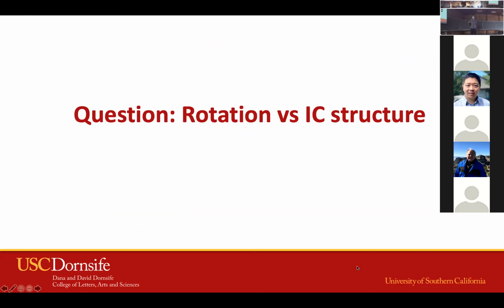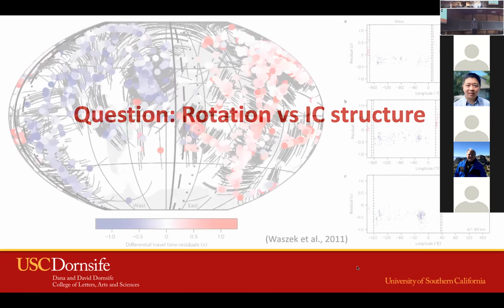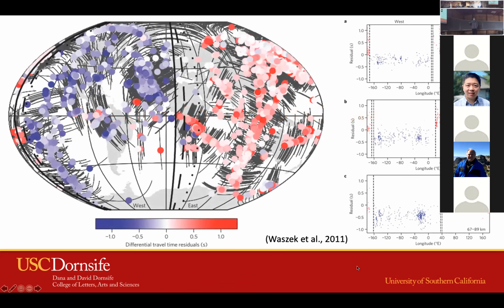The next step is to ask what is the relation between the rotation and the inner core scattering. Let's think about one question. If the inner core is super rotating, which means it steadily rotates faster than the mantle, we have this well-studied global hemispherical dichotomy structure of the inner core, the west and the east side.